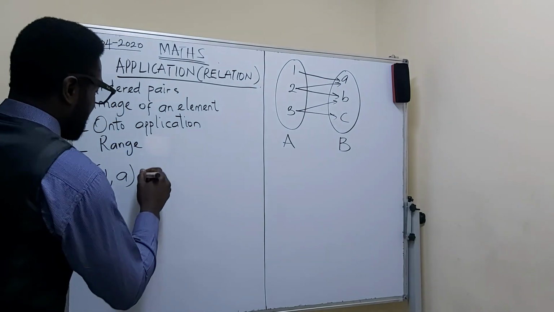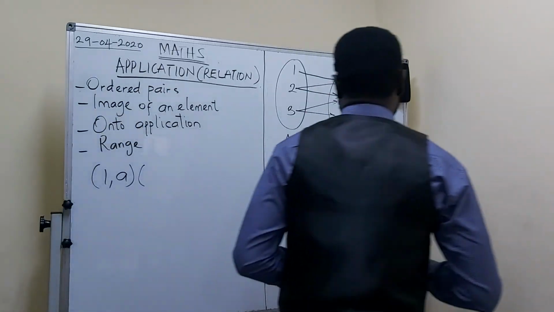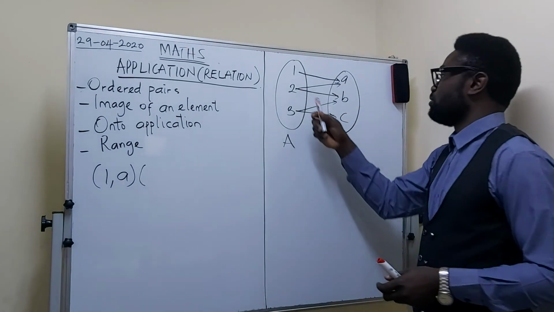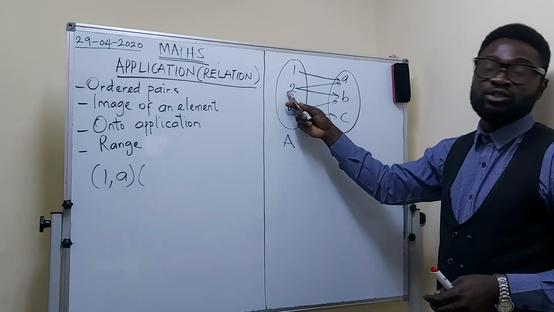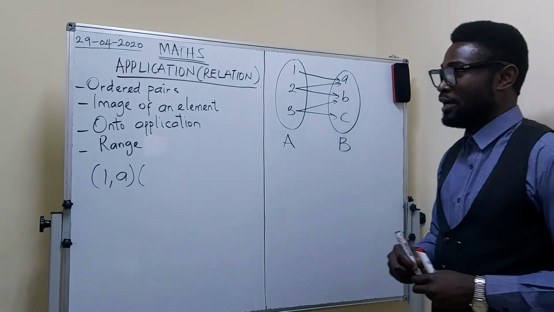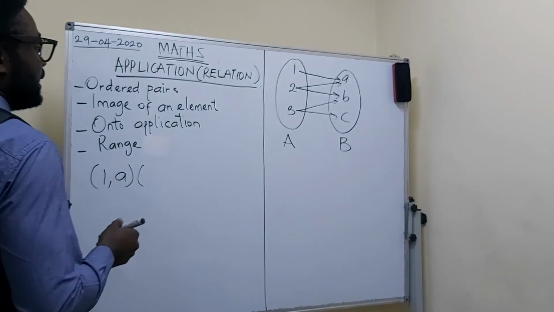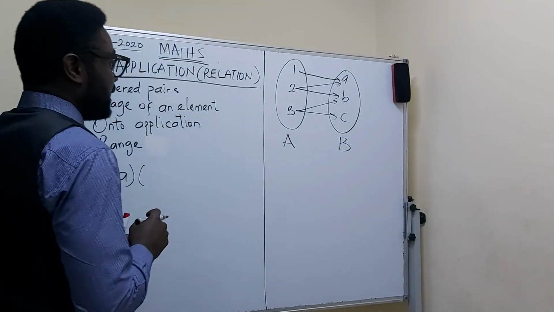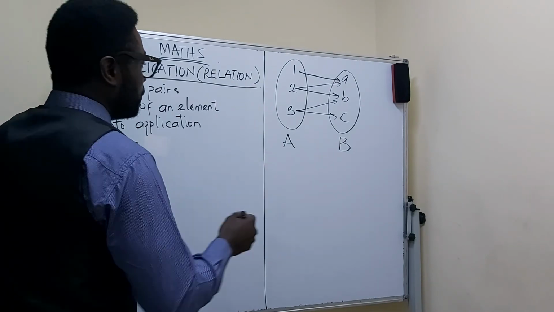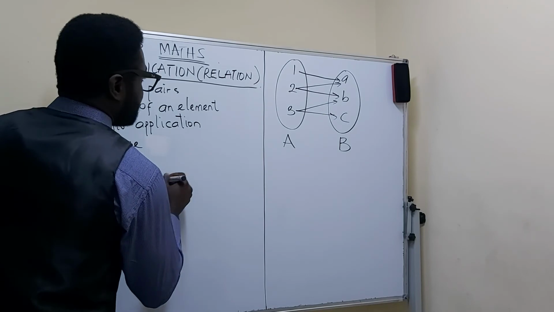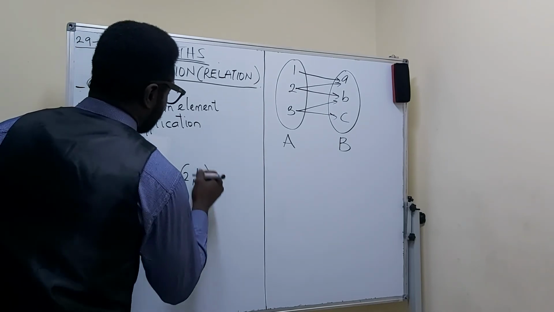Then, if you check very well, 2 is binding to more than one element in the codomain. You can see 2 binds or joins with A and 2 joins with B. So it means element 2 in the domain is connected to 2 elements in the codomain. That is, it binds with A first, then it binds with B.